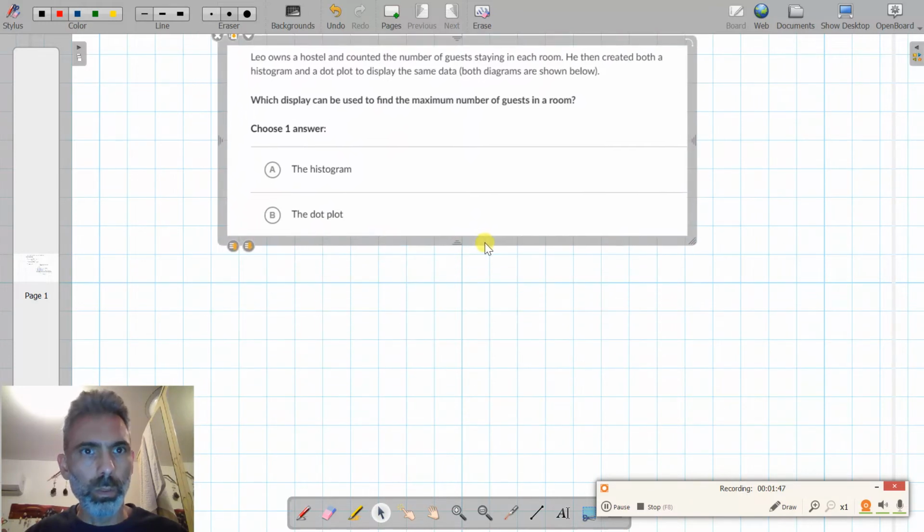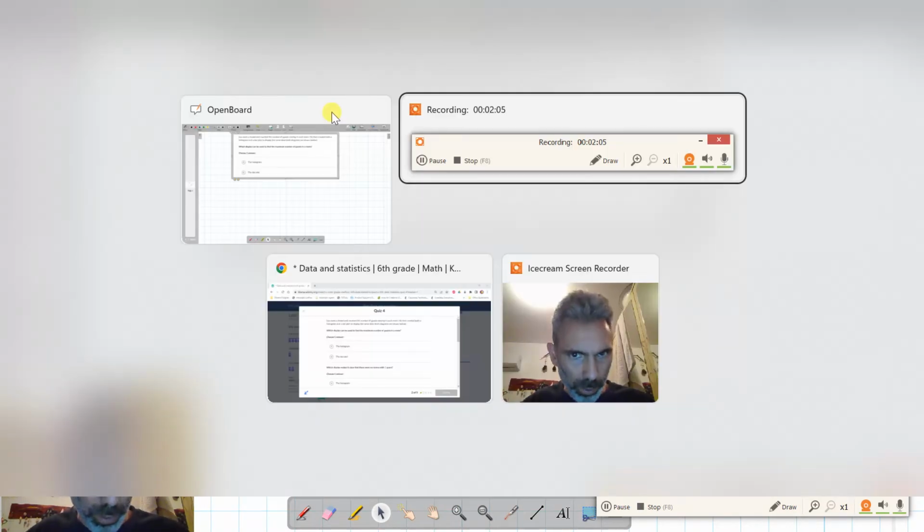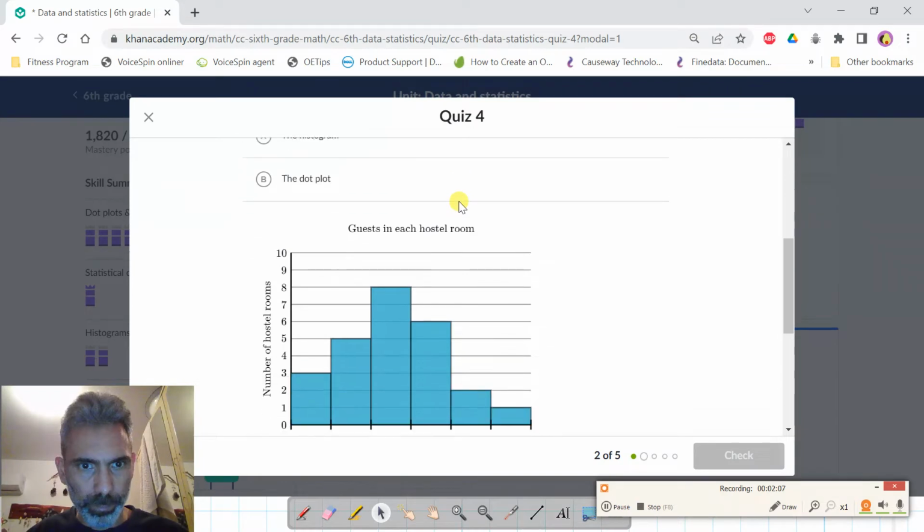Okay, so the first question, Leo owns a hostel and counted the number of guests staying in each room. He then created both a histogram and a dot plot to display the same data, both diagrams shown below. Okay, so let me copy the diagrams.